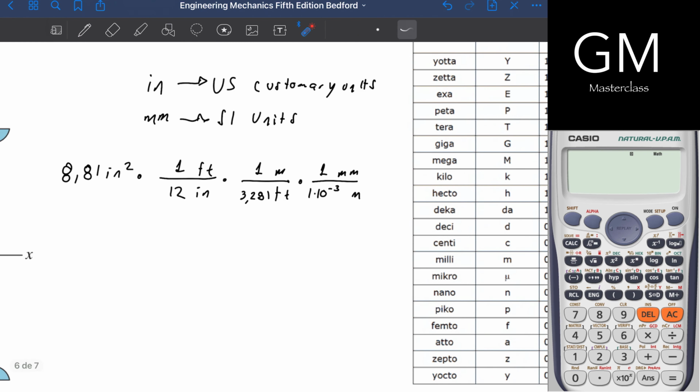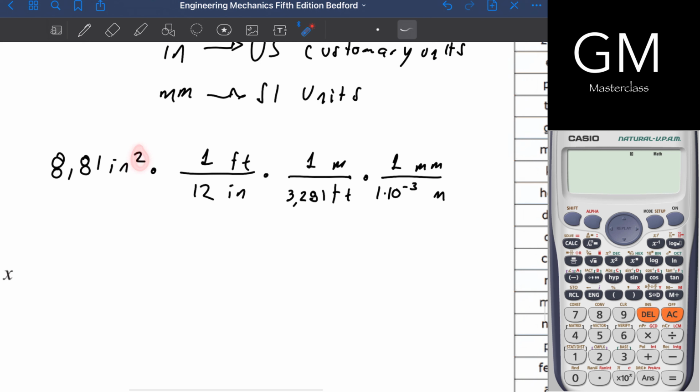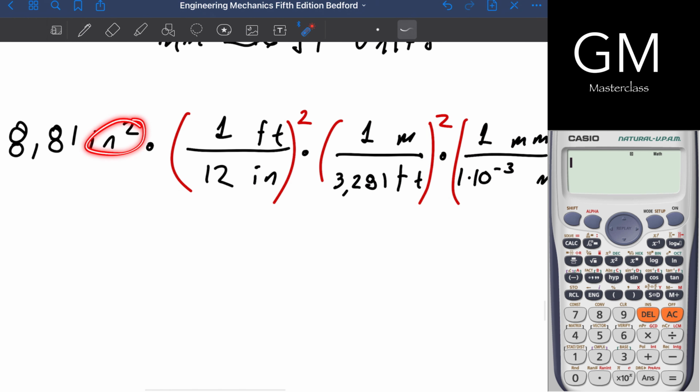I've said that this is very important information because it is important for us to evaluate those divisions to the second power. Why is that? Because if I don't do this, then I'm going to get a wrong result, because here I have square inches and here I just have inches.